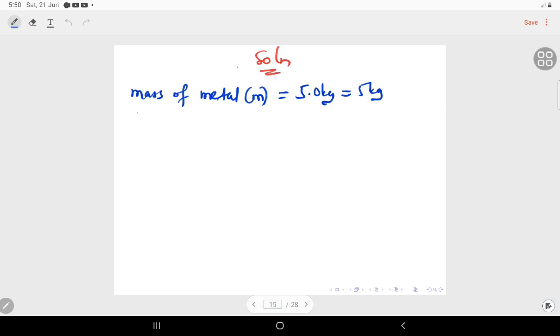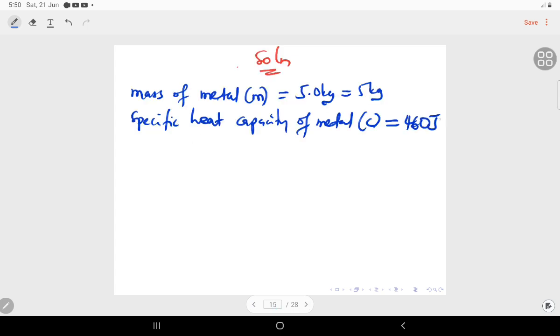Specific heat capacity, which is small c, 460.